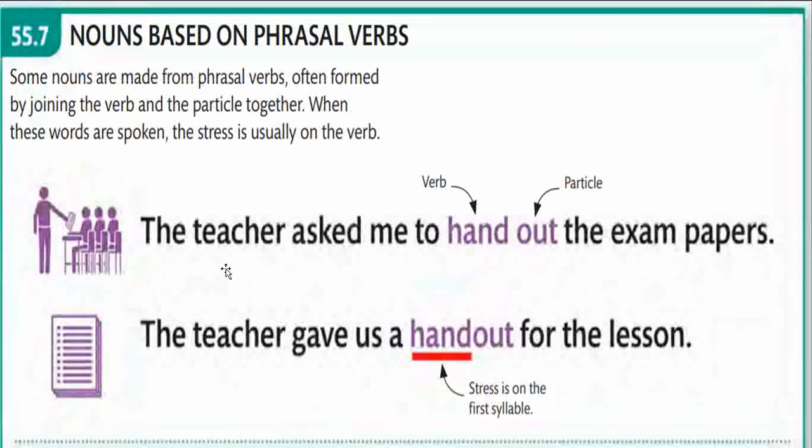For example, the teacher asked me to hand out the exam papers. When they're clubbed together, the teacher gave us a handout for the lesson. Over here, the stress is on the first syllable. Here it is used as a noun.